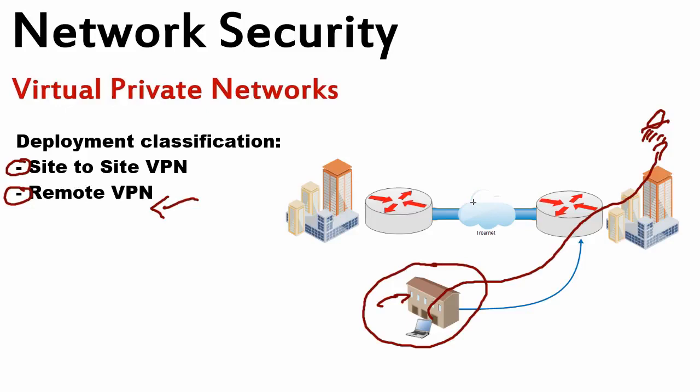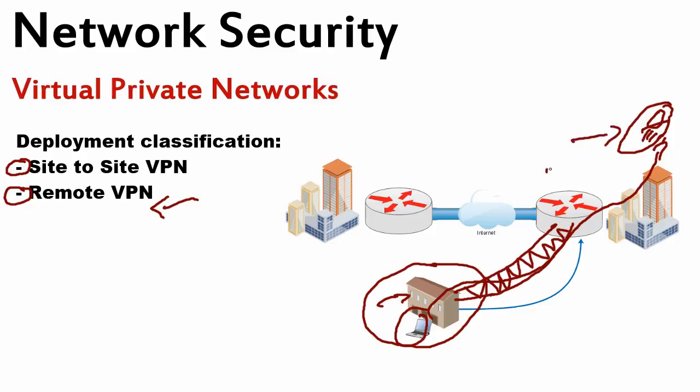You have a laptop, you have a PC, you have a mobile phone, you want to VPN to this network. That's how we call it, to VPN. We can use that as a verb as well. We can VPN to this network. What it means is we are going to set up a secure connection, but this time between our laptop and our VPN device.